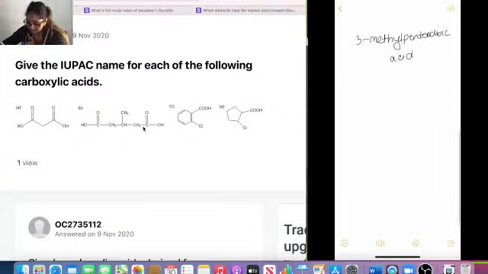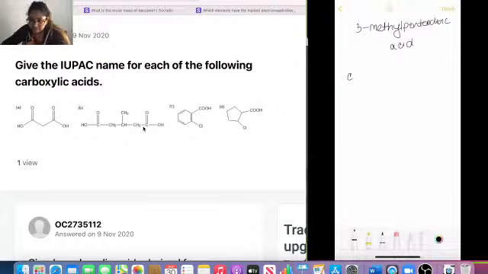And now, number C. We have a hexane here, and we have a carboxylic group, a chlorine substituent, and the double bonds, right?